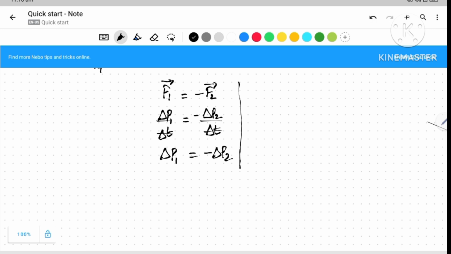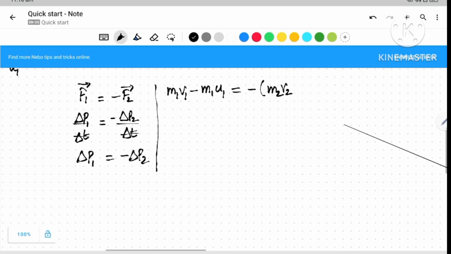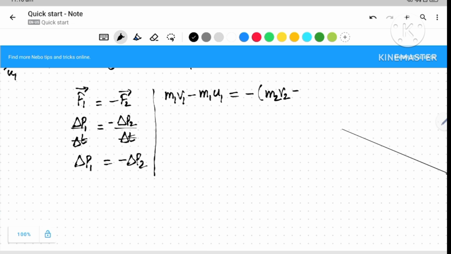So m1 v1 is the final momentum of body 1 minus its initial momentum m1 u1, and it is equal to the negative of the change for body 2: the final momentum is m2 v2 and the initial momentum is m2 u2.